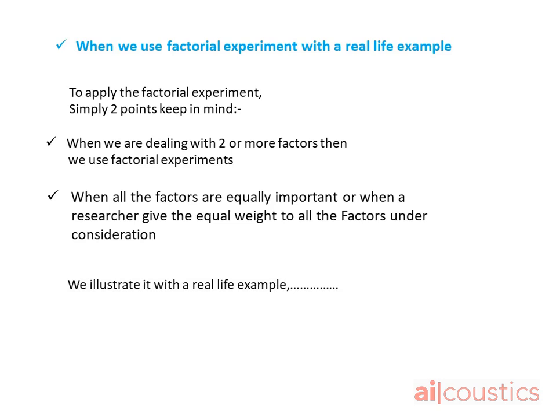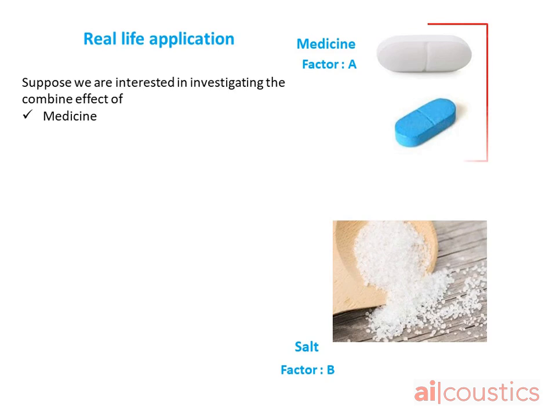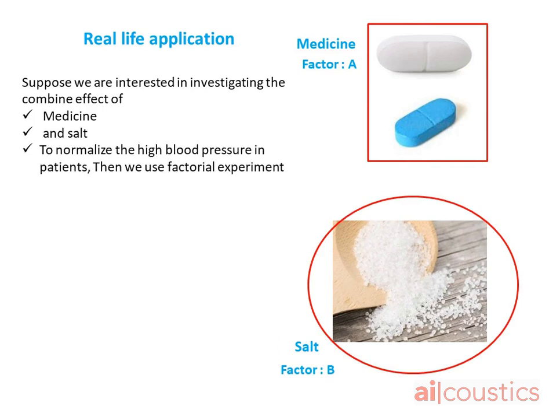We illustrate it with a real-life example. Suppose we are interested in investigating the combined effect of medicine and salt to normalize the high blood pressure in patients. Then we use factorial experiment.